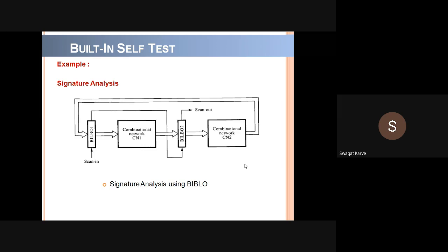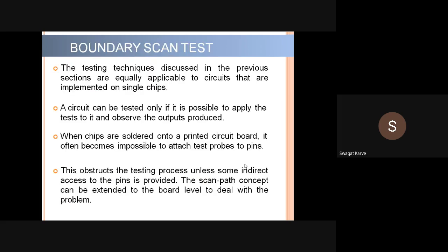On board itself they have provided this hardware to test the circuit using this built-in self-test method. And this is one of the biggest advantages of this built-in self-test method. So this is the second type of sequential logic testing.